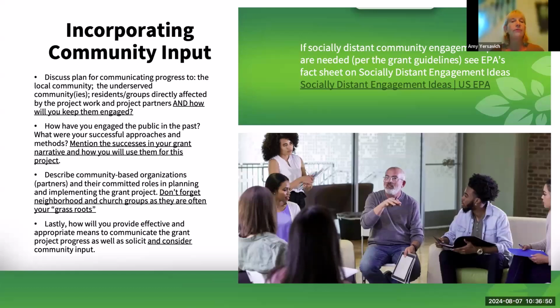Maybe you distribute leaflets. Maybe you go to events that they're having, a craft day or something like that, and be out there communicating this and when your meetings are going to be. So you want to make sure that you're really looking at how to engage your target area population and your community population. Next slide.